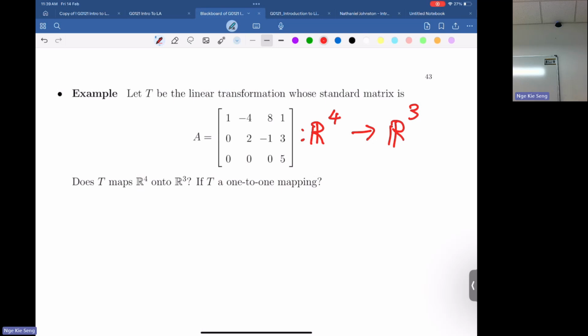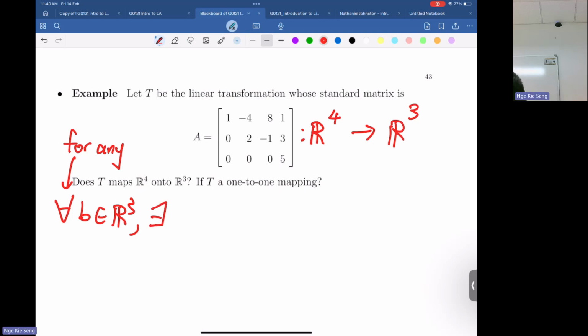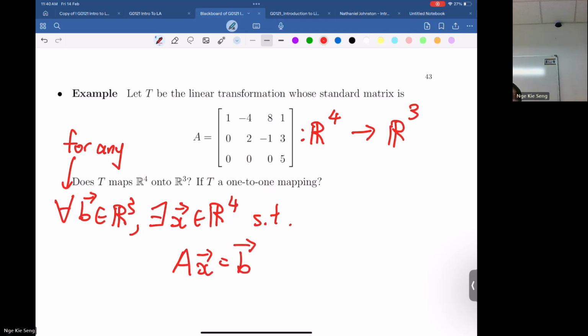Onto means what? Let's write down this notation. I don't want to write "for every", so I'll use this one, the inverted A. For any b in R3, does there exist an x in R4 such that Ax equals b?